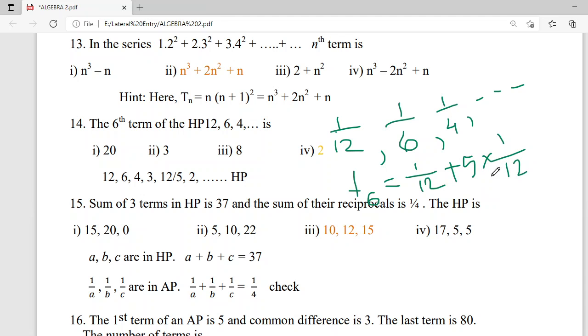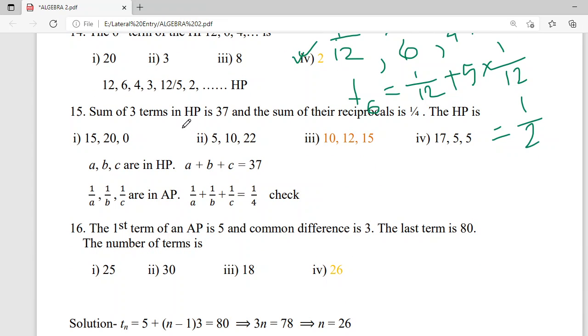So it is 1 by 12 into 1 plus 5, which is 6. So this is equal to half. So T6 is half. Because T6 of the AP is half, we have to take the reciprocal to get the HP term. So 2 is the 6th term of the HP. So our answer is 2.